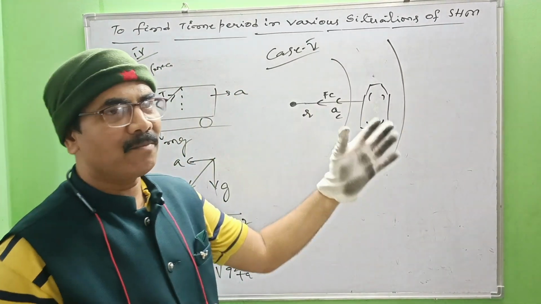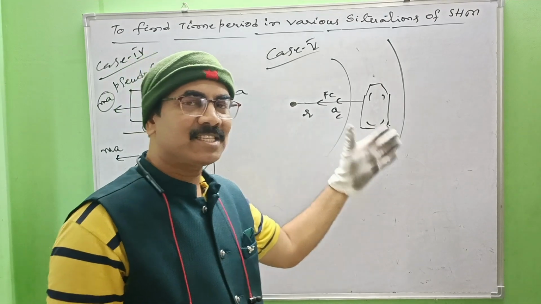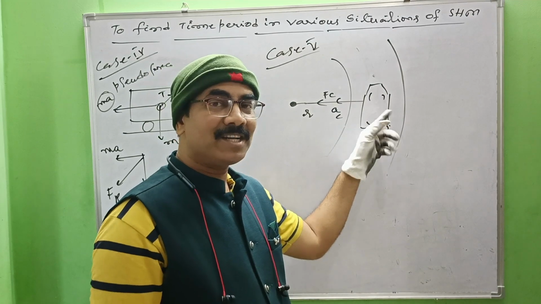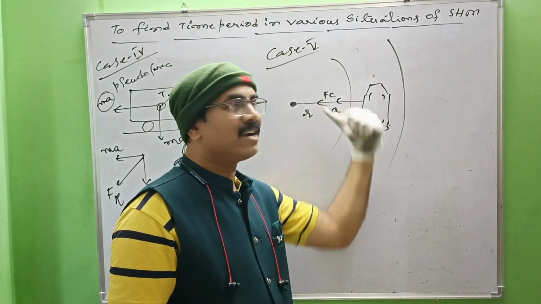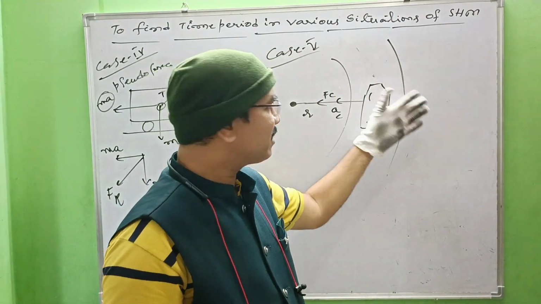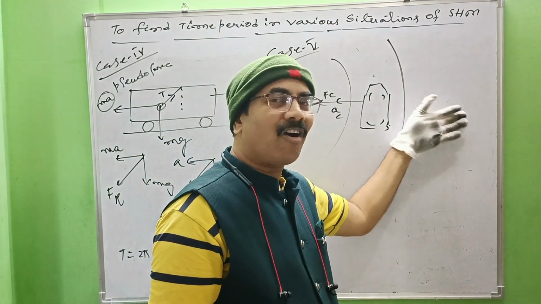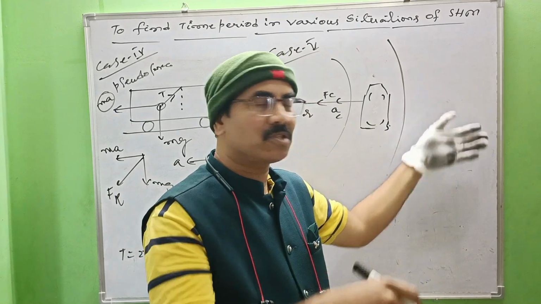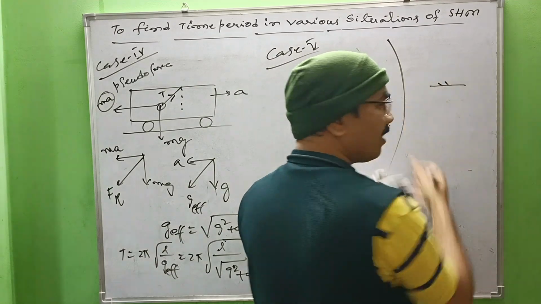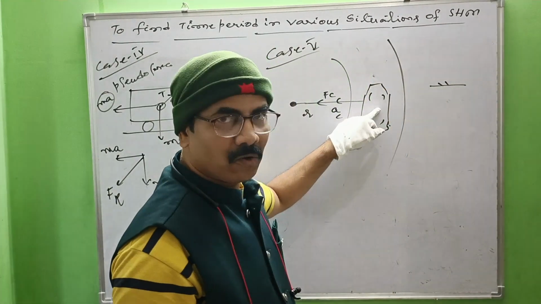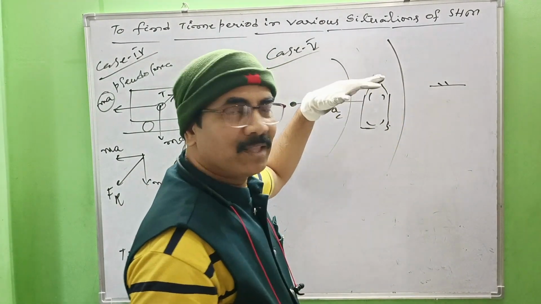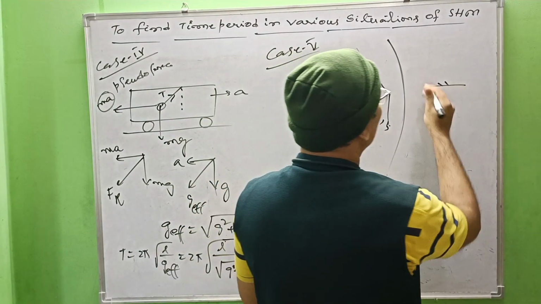Now definitely that pendulum bob experiences some pseudo force opposite to the acceleration of the vehicle. What is the direction of acceleration of the vehicle here? Towards the center. So if the same situation is seen horizontally, a little bit above the surface of the ground, close to the ground, then we can see the oscillation of the pendulum like this.